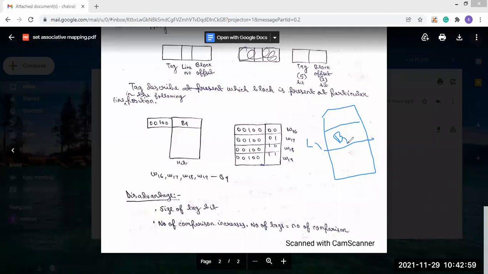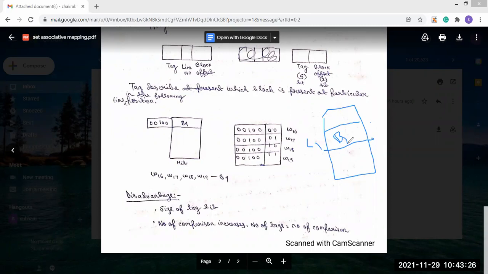But here there is no such issue that this block should be present in this line and another block in that line. This concept is not present here. That means instead of the one comparison for direct mapping, block number 1 can now be present in line number 0, line number 1, line number 2, or line number 3.